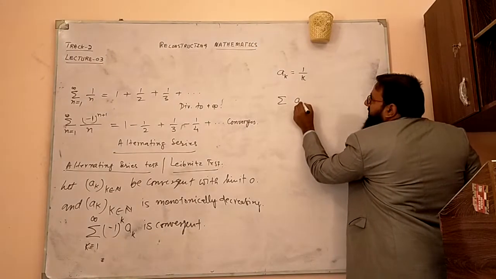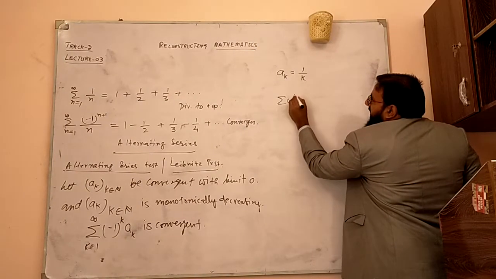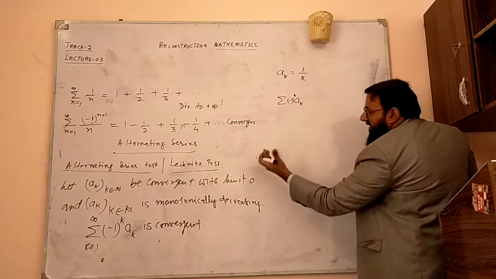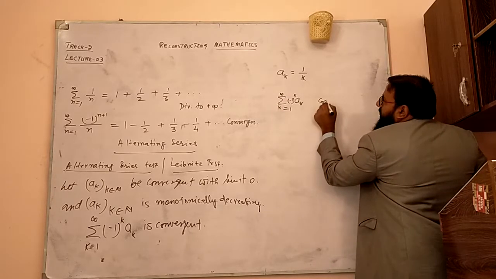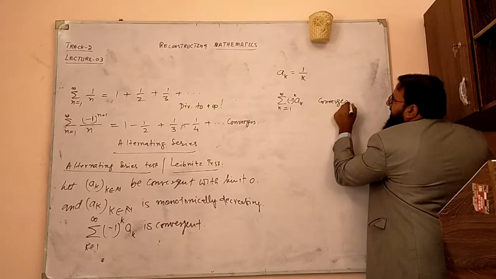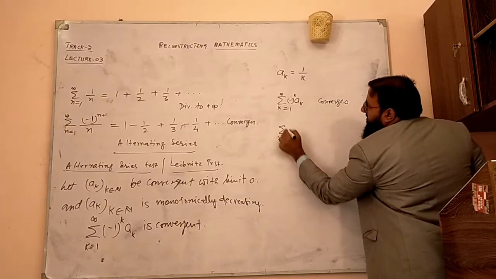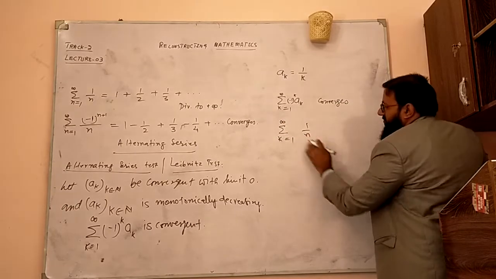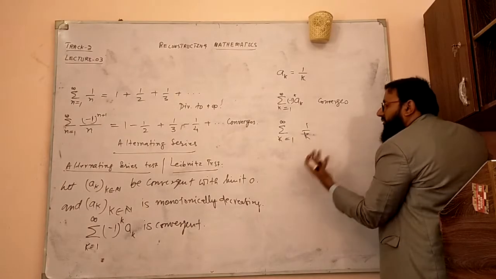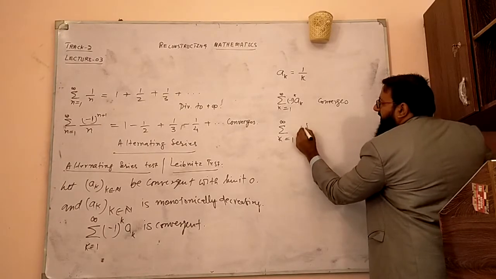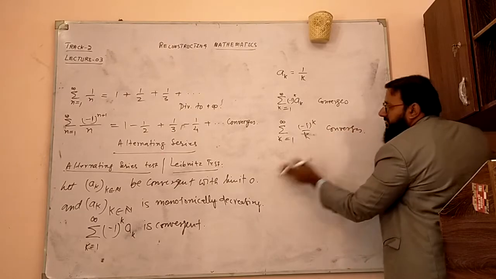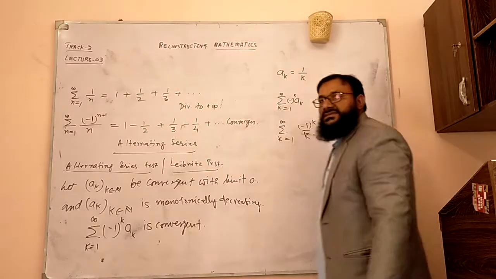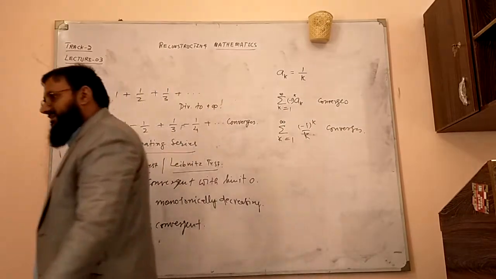Then if you take your sequence and alternate the terms between negative and positive, and take the infinite sum, this converges. I don't know whether this converges or not, but if I give it minus 1 raised to k, it will always converge according to the alternating series test or Leibniz test.